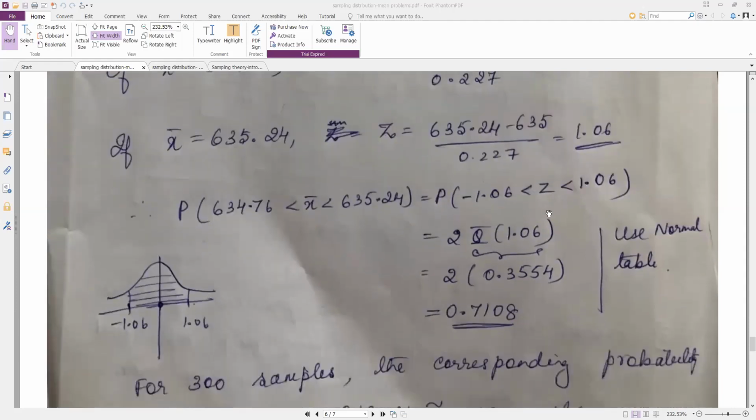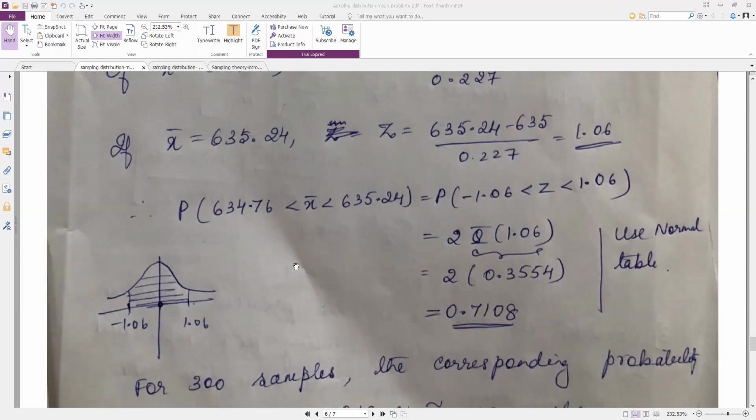Now this is a repetition. In module 3, we have seen the normal table, right? Do you remember the normal table? Before going to the normal table, first draw the graph. See, this is a bell-shaped curve, and here it starts from minus 1.06 to plus 1.06.